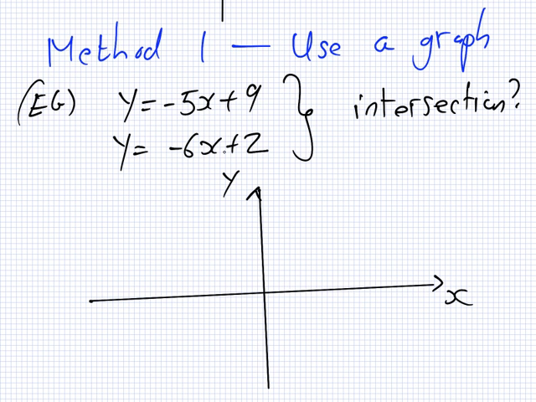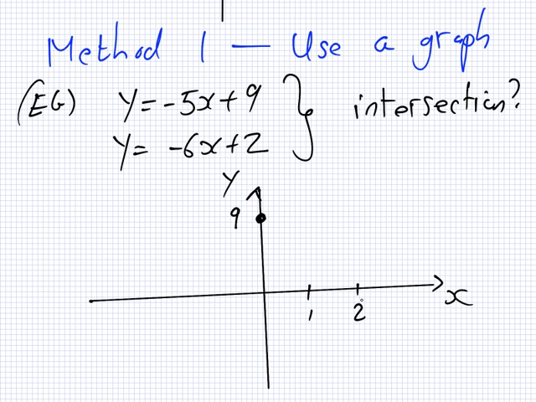We need 2 points to make the graph. For the first line, if x is 0, what's y? 9. So 0, 9. That's the first point here. For the next point, I'll use x is 2, for example. If x is 2, what's y? Minus 1.